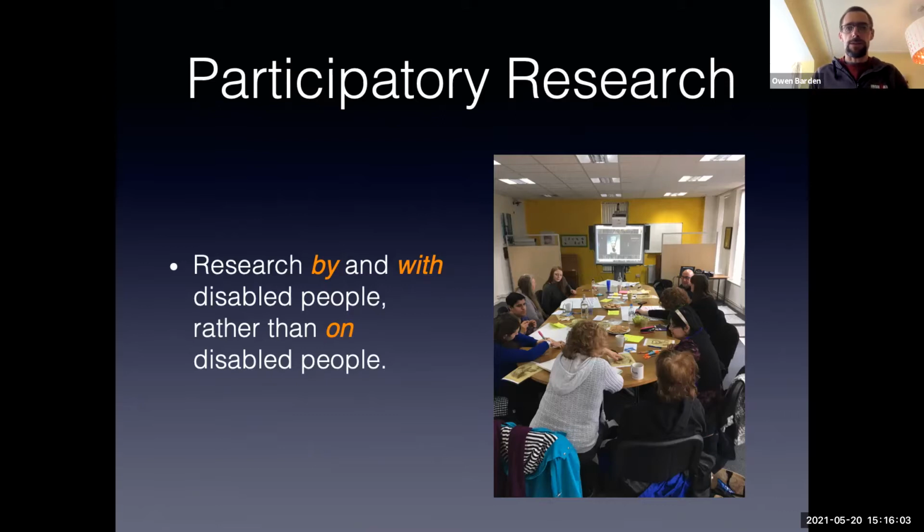At the same time, it's very challenging to do because it's complex and time consuming, and there are a lot of different factors that have to be taken into account. But it's important, I think, for you to be aware of that approach to research, even if it's probably not possible for you to do it yourselves.